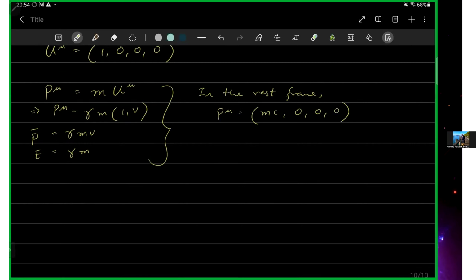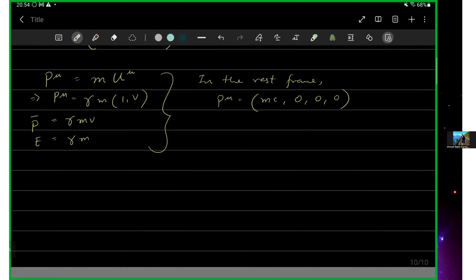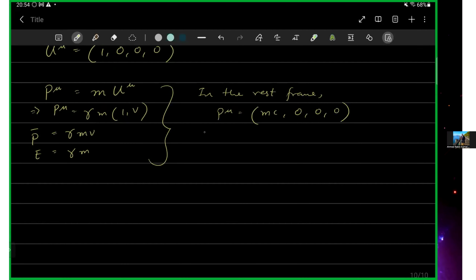Okay, you see that I reintroduced c over here, and for a contraction as such, I will get minus m squared c squared, because you see from here I can write P mu, and I can write this as eta mu nu P nu, right, for this part.